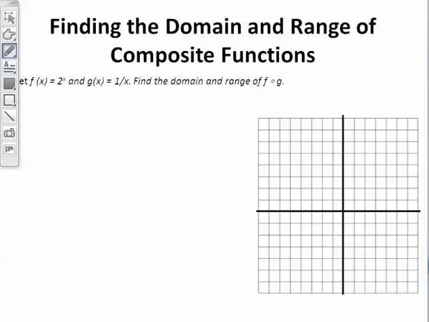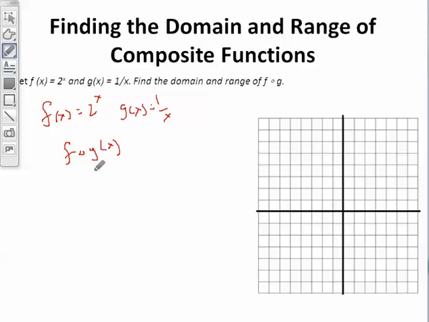Okay? So let's look at finding the domain and range of different compositions. If we're looking at f of x equal to 2 to the x power, and g of x is equal to 1 over x, how do I find f of g of x?